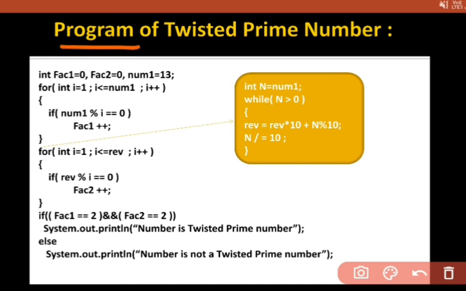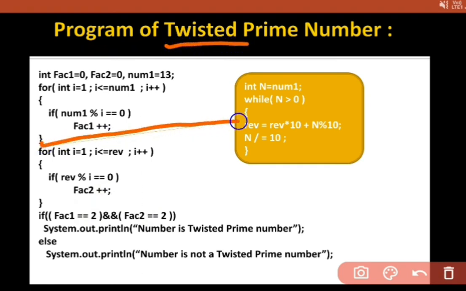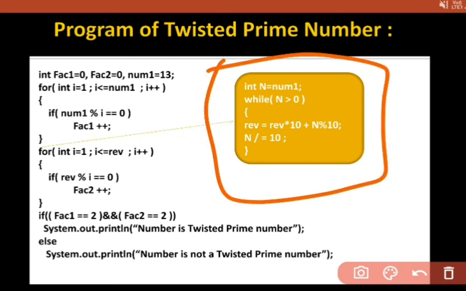But here I am combining both the programs. Previously, in this way I had created the logic of twin prime. One thing is required in this logic, that is, I want to reverse it. That's why I am placing the logic of reverse here.